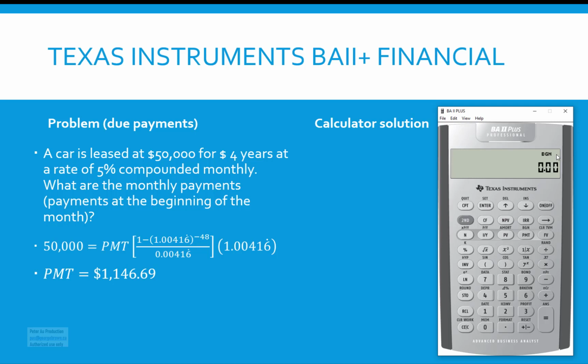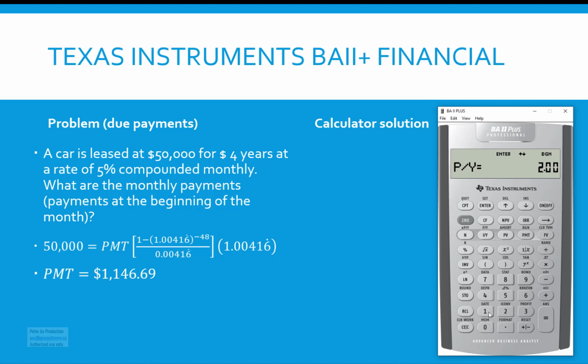We know our calculator is set for annuity due type problems if you see a BGN at the top right hand corner of your display. Since the car is leased for 4 years and the payments are monthly, there are 48 payments. 48, press N. The interest rate is 5% compounded monthly and the payments are monthly. We set this by pressing second function, P/Y.